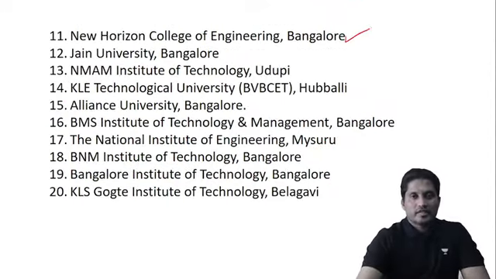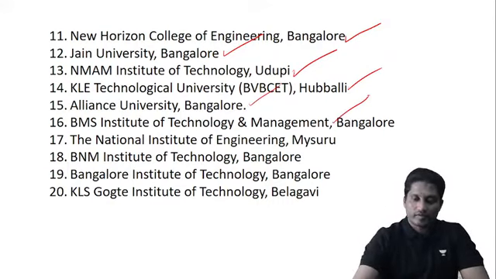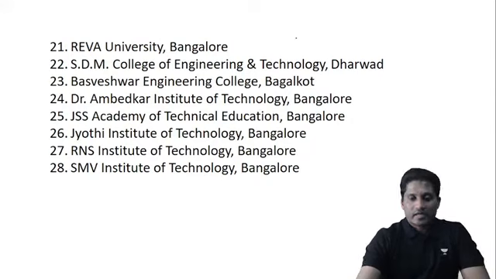New Horizon College of Engineering, then comes Jain University, NMAM Institute of Technology, which is in Udupi, then KLE Technological University, Hubballi, then Alliance University, Bangalore, BMS Institute of Technology, National Institute of Engineering in Mysuru, BNM Institute of Technology, Bangalore Institute of Technology, BIT, KLS Gogte Institute of Technology, Belagavi, and Reva Engineering.